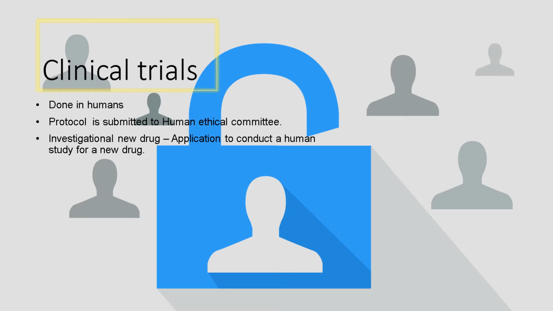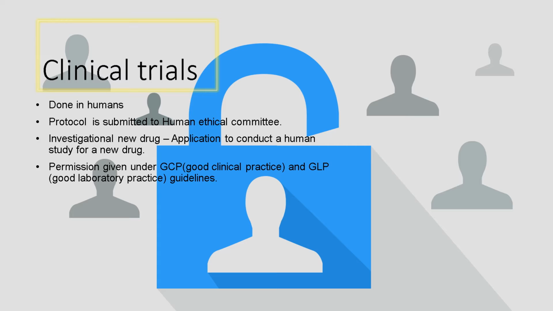An application has to be given to the Human Ethical Committee. What application is it? It is the investigational new drug application, an application to conduct a human study for a new drug. And the permission is given under the good clinical practice and good laboratory practice guidelines.